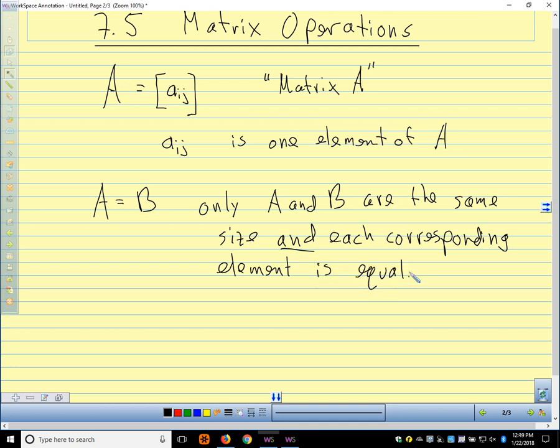So they both have to be the same size, 2 by 2, 3 by 5, something like that. And each element in the same place has to be equal, every single one.